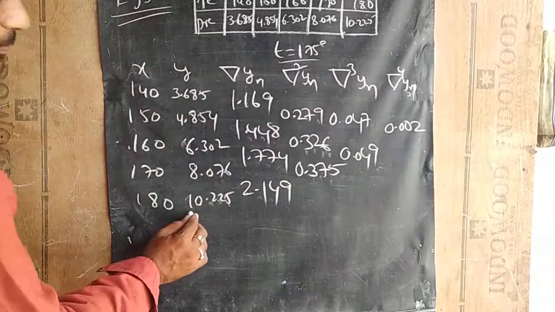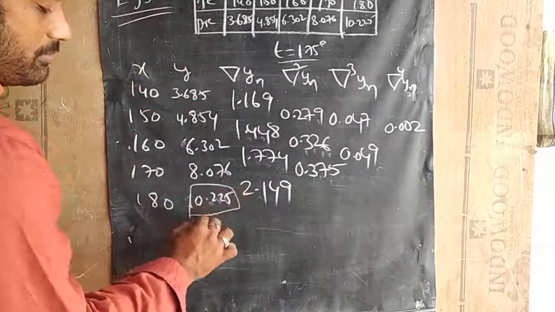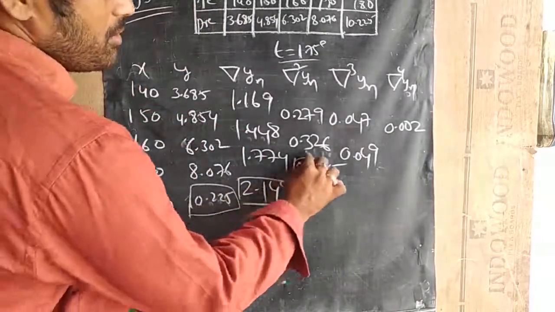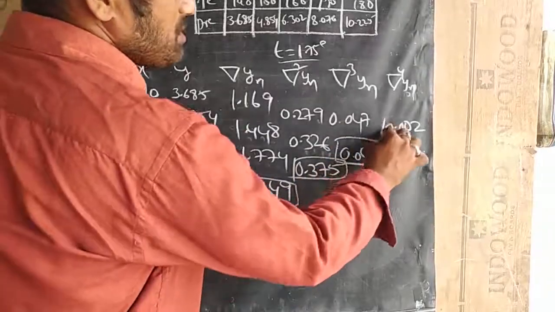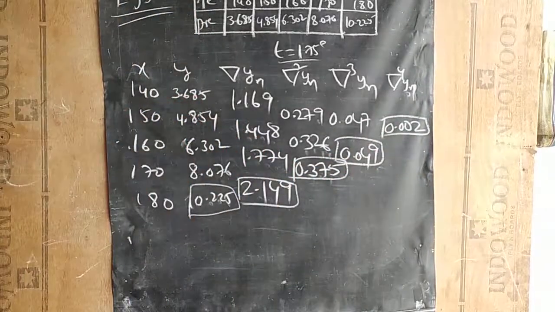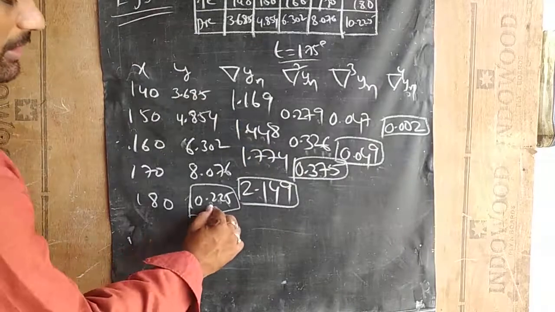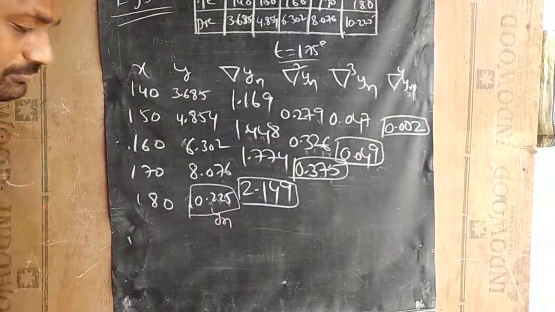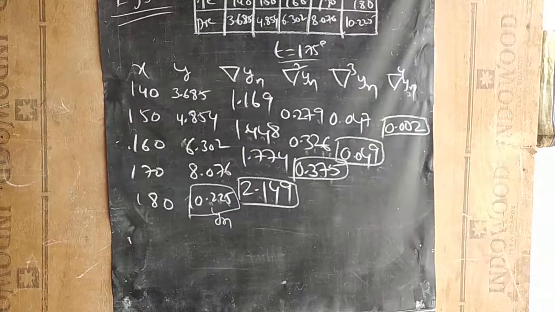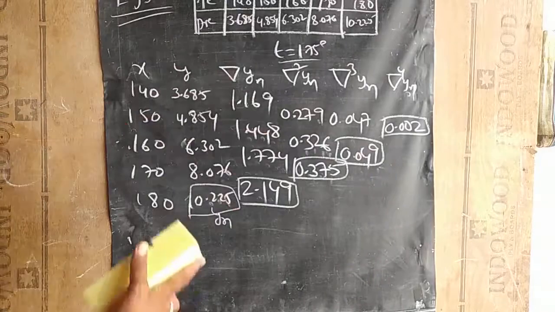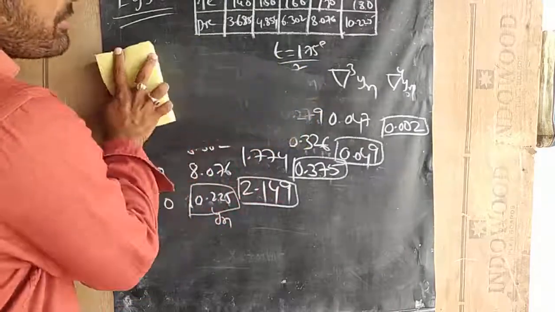So this is our Newton's backward interpolation table. This will be our yn, delta yn, delta square yn. So let us write in the formula first.